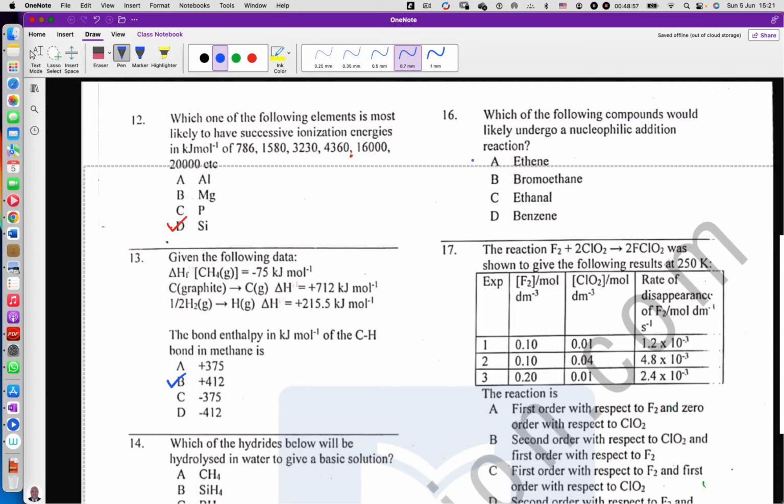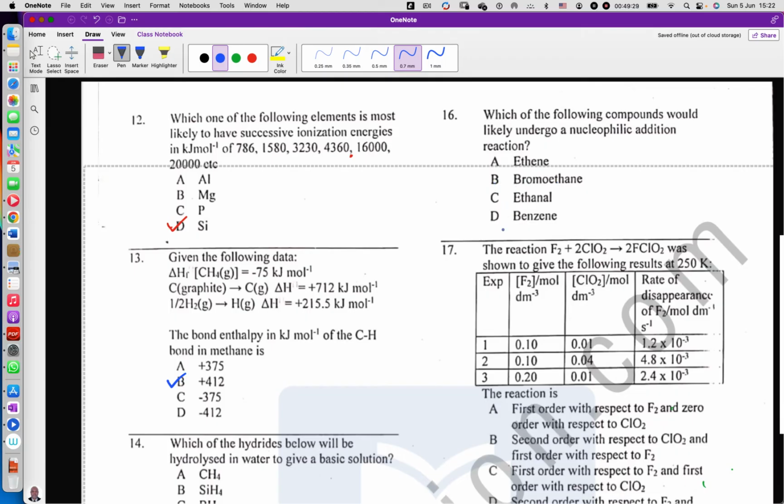So if they are electron pair donors, they will only be going to electron deficient centers. It cannot go with ethene because ethene is electron rich. There is a high density cloud of electrons in ethene, the pi electrons. It cannot go with bromoethane.